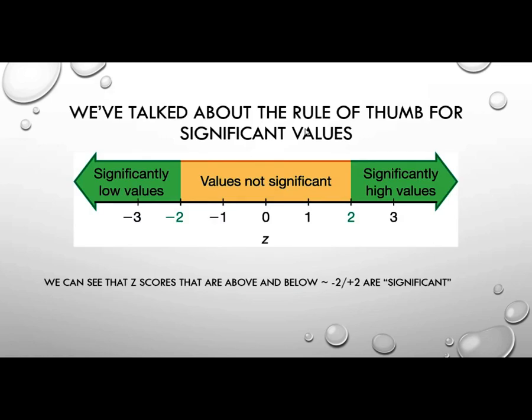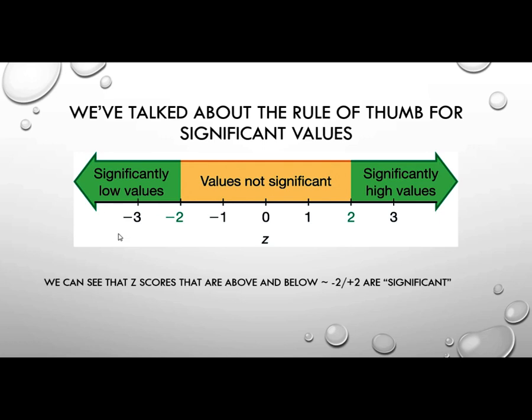Rule of thumb for significant values. Remember, back a couple of PowerPoints ago, we saw something similar to this. We had the orange area in the middle, and it's between 2 standard deviations. Those are not significant values. But when we get beyond 2 standard deviations, we have significantly high or significantly low values.